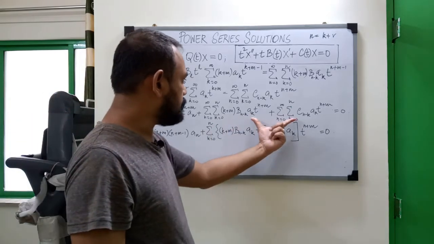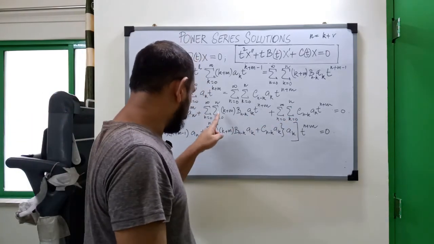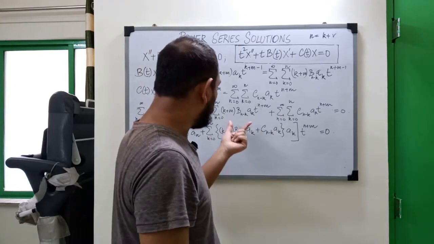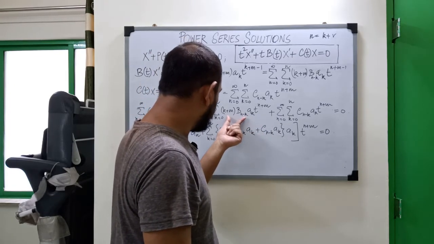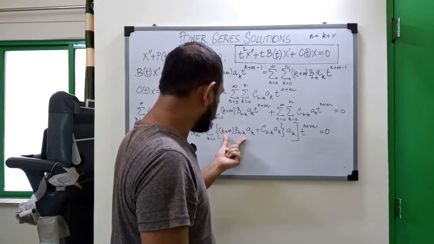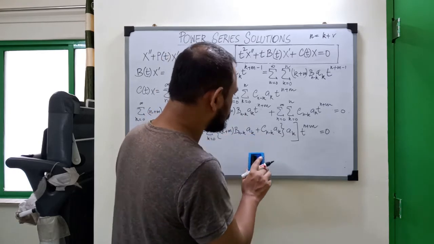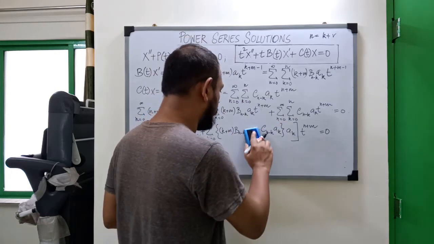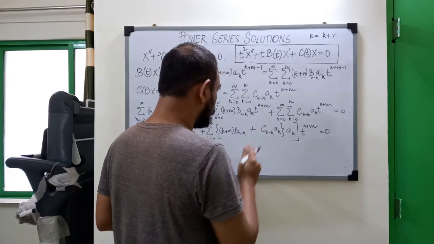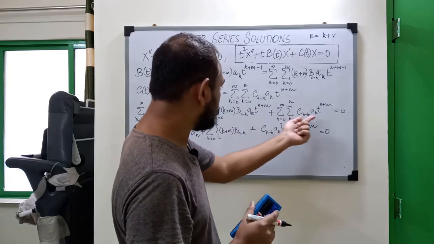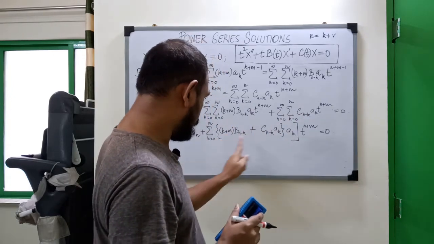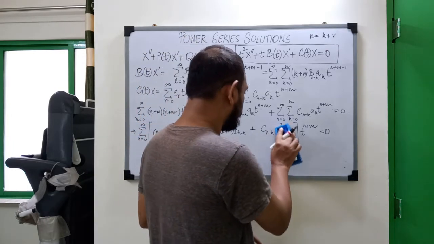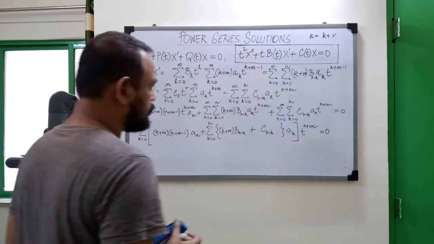What remains from these two are the summations, which is common to both, and what's left is this part. Oh sorry, I don't need the a_k here because I've taken the a_k out common, outside of this curly bracket.